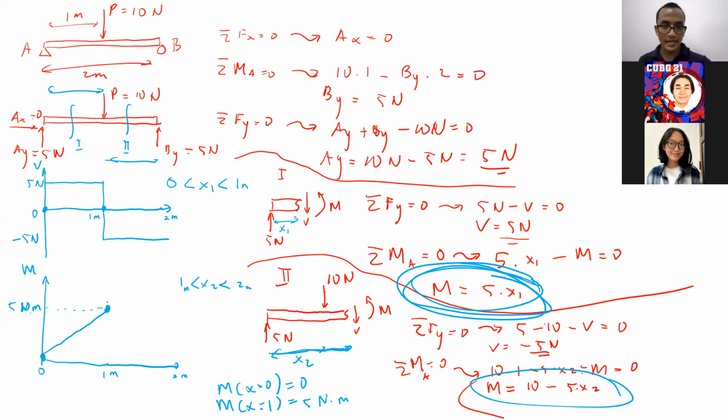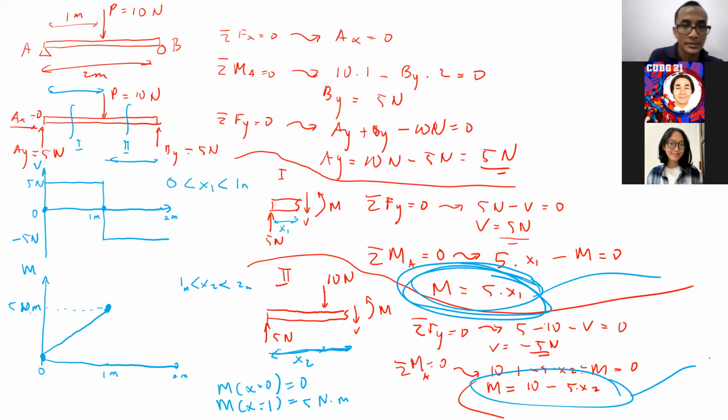And now for the second region, we already know the moment at x equal to 1 meter is 5 Newton meter. Now the moment at x equal to 2 meters, what is the value of that? Do you have to use the first equation or the second equation in this case, Nela? I think you can use the second equation.